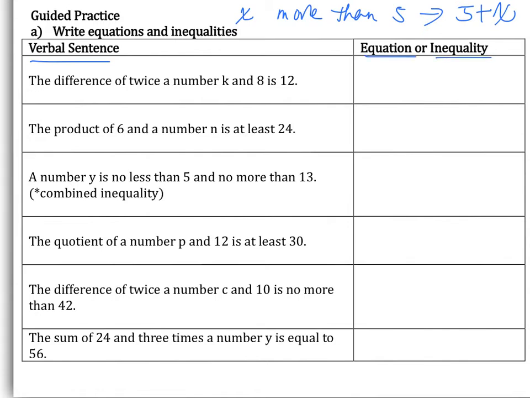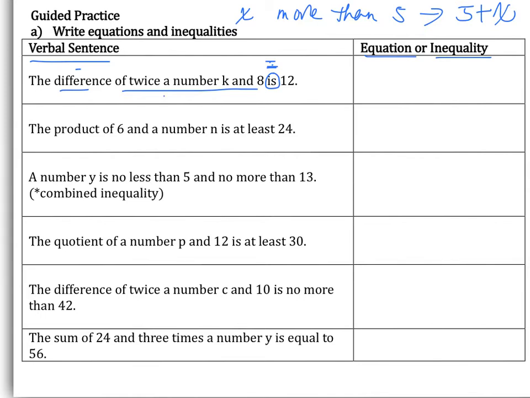The difference of twice a number k and 8 is 12. The word is will represent the equal sign. So difference means subtraction.